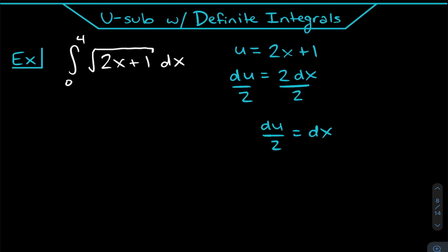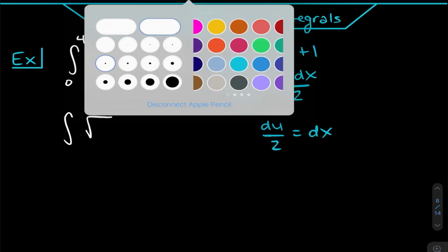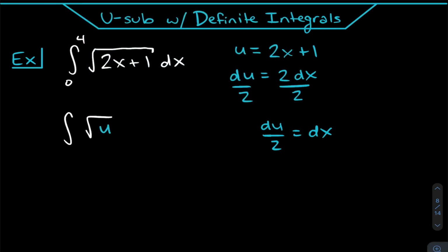Okay? So, here's the thing. We now get the integral of the square root of u times, instead of a dx, we now have a du over 2. The problem is, and the thing that people forget, is that our bounds were with respect to x. You got to realize what's going on when we make a u-substitution, right?